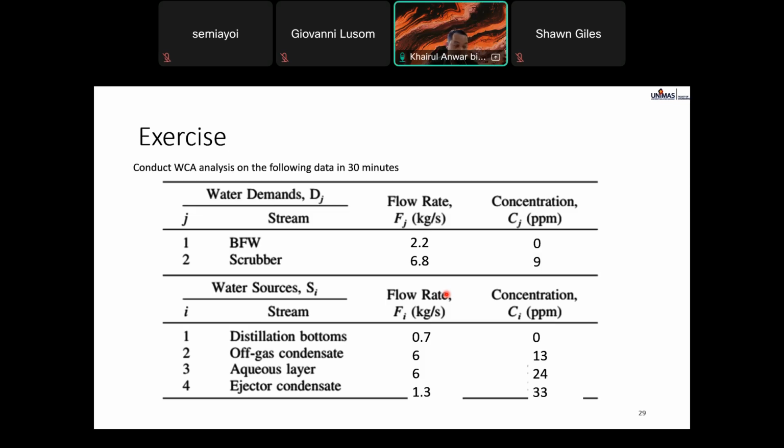For the water balance table you can refer to table 2. There are 7 columns that you need to calculate, you need to prepare.